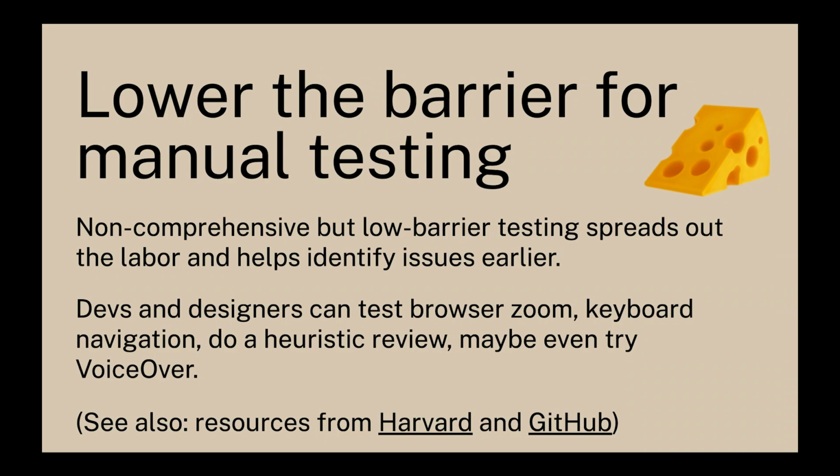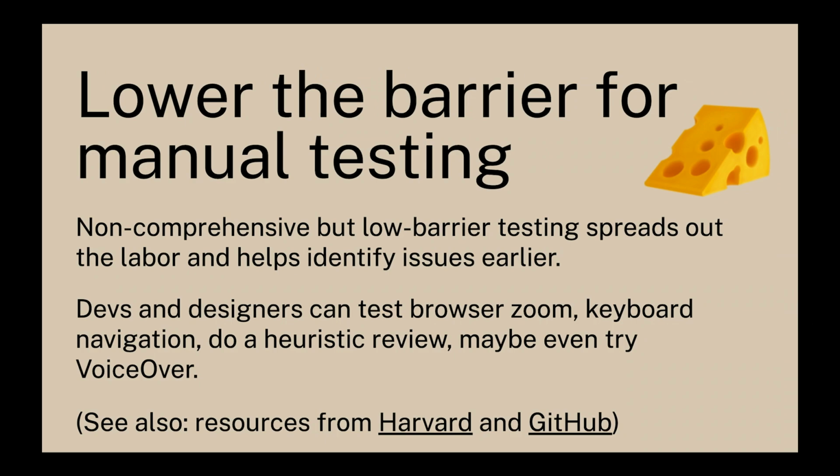If you have more eyes, more folks looking at things, thinking about things, reviewing products, the less likely you are to ship something that's full of accessibility bugs. So having non-comprehensive but low barrier testing available spreads out some of the work a little bit. It empowers people to feel like they're contributing to accessibility, because they are, and also helps people iterating on design ideas to quickly test them and make sure that they would actually be accessible.